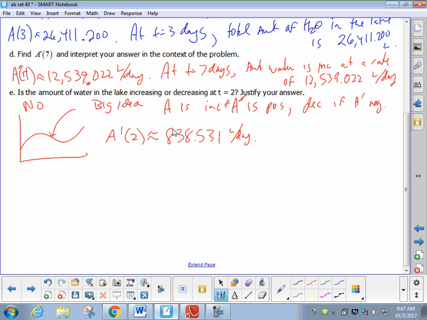So you should find the derivative, the rate at which the amount is changing at time 2, at the instant the day is 2, and then interpret and give the answer.